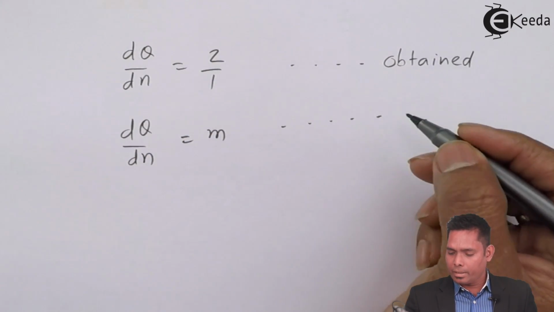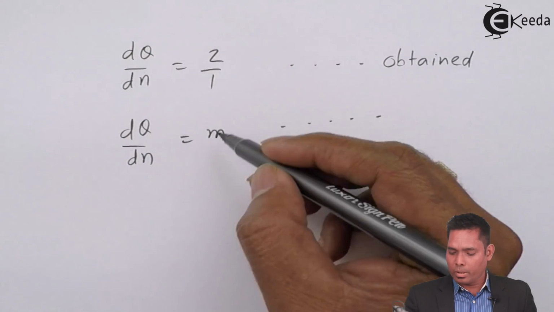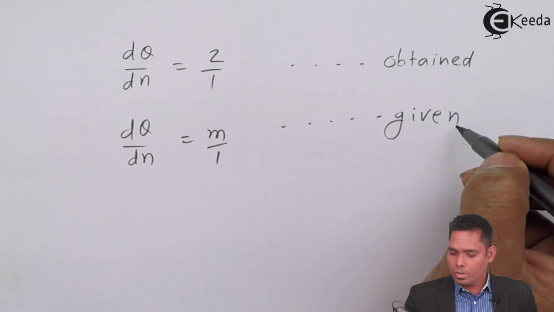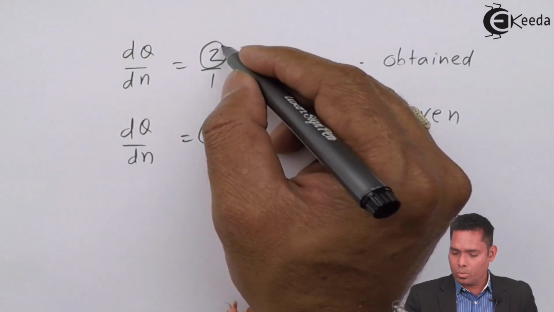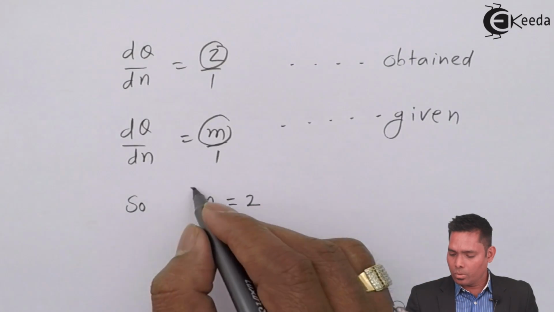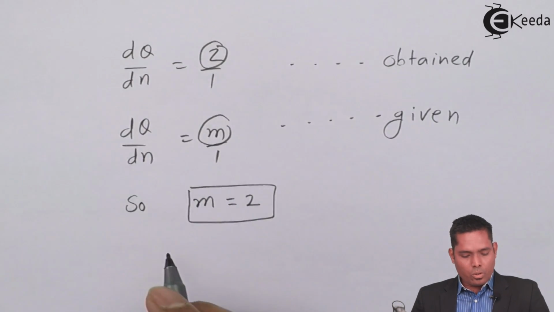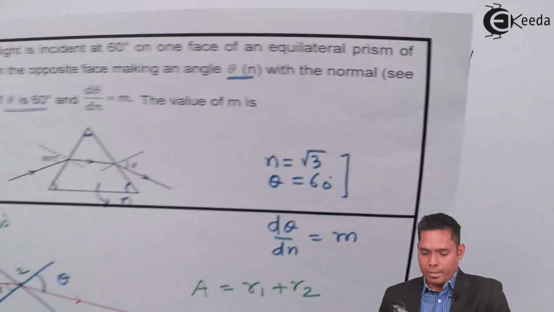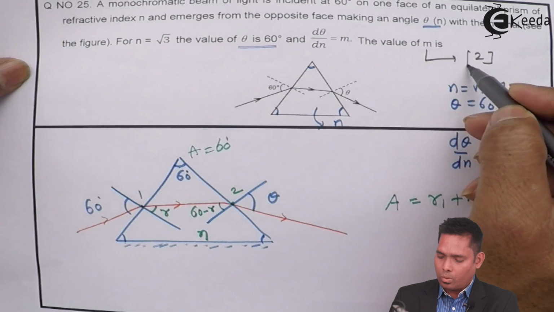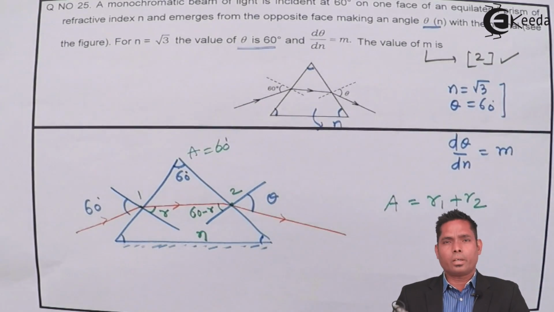If I compare that, obviously m is equal to 2 because this is also m by 1. Comparing, m will become equal to 2. So the value of m that is asked is equal to 2. Finally we got the value of m, which is equal to 2. This is the right answer. Okay, thank you.